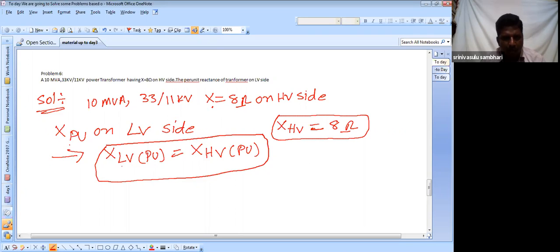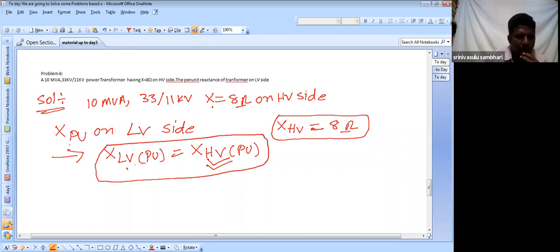I want to find the XLV per unit. Since XLV per unit and XHV per unit are both the same, simply I can find XHV per unit. If you find the XHV per unit, that is the same as XLV per unit. Are you getting my point?